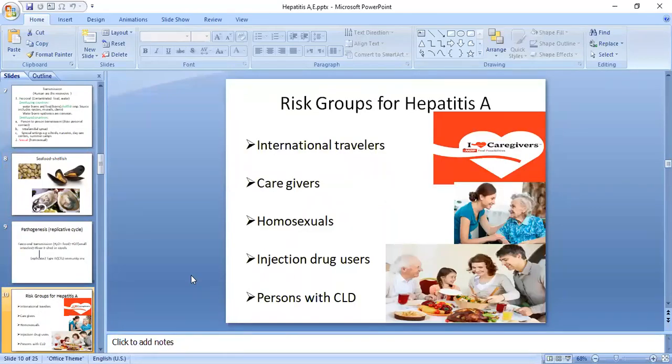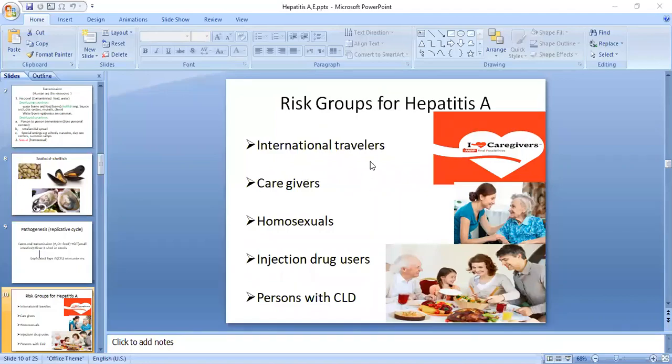Risk groups. The people who are at higher risk are international travelers who travel from their countries towards the endemic areas.